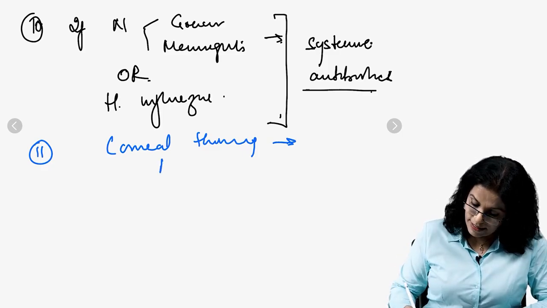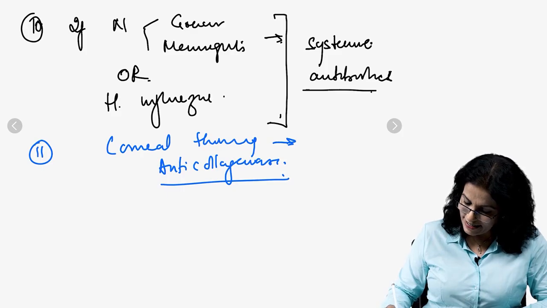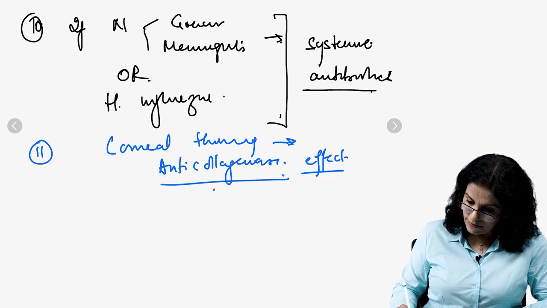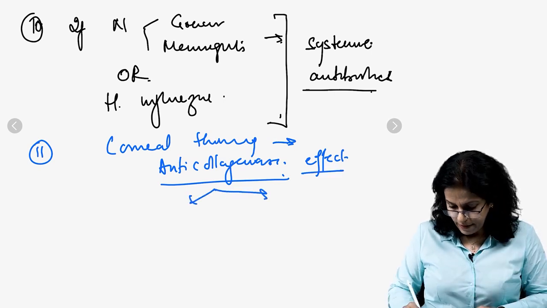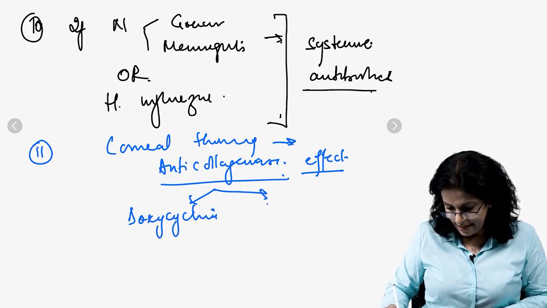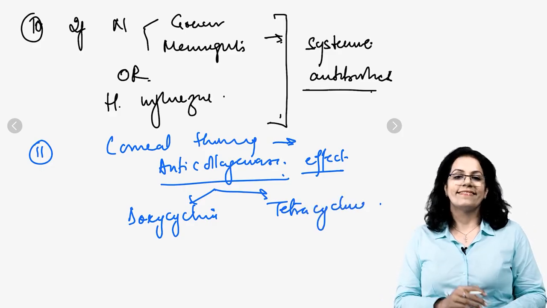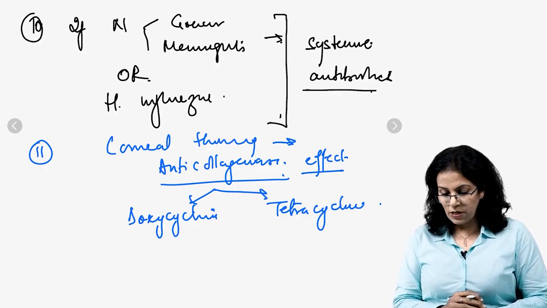So, which are the antibiotics with anti-collagenase activity? Doxycycline, okay, and tetracycline. So, anti-collagenase effect, we can start with doxycycline or tetracycline. Right, all of you? Okay.